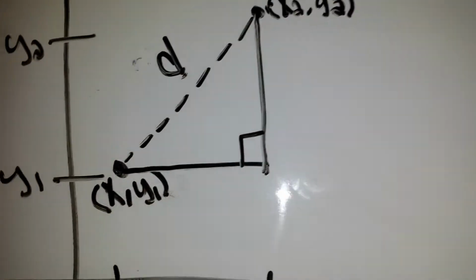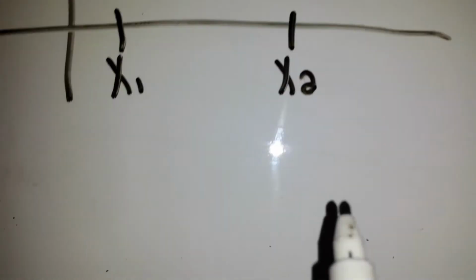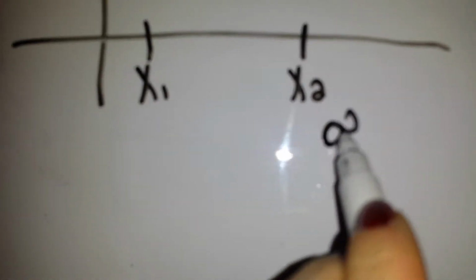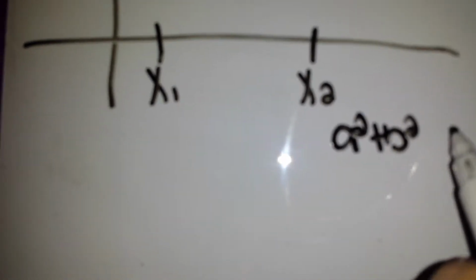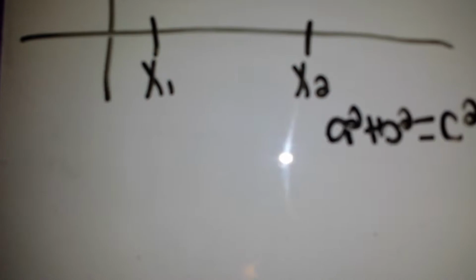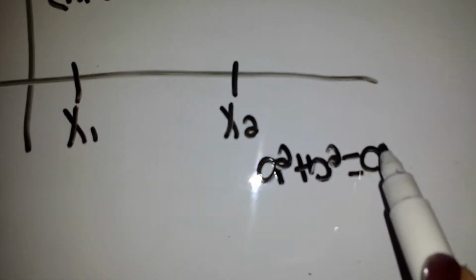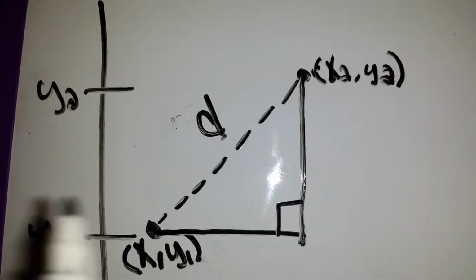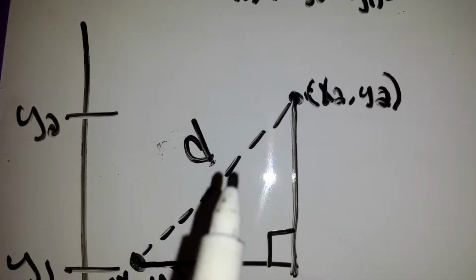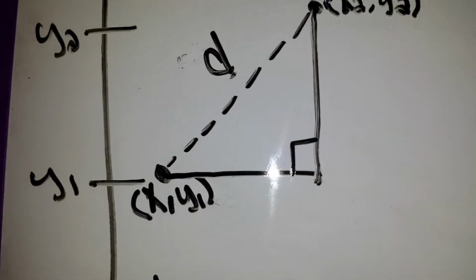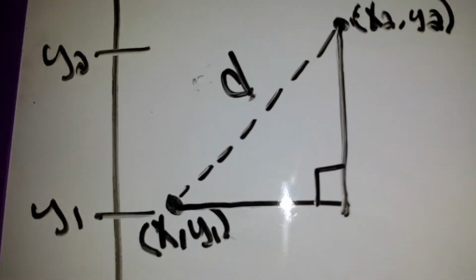So now to plug in the Pythagorean theorem, which is a squared plus b squared equals c squared. But I actually put d squared instead of c squared because I'm finding the distance, so it just makes more sense to me, but either one works.